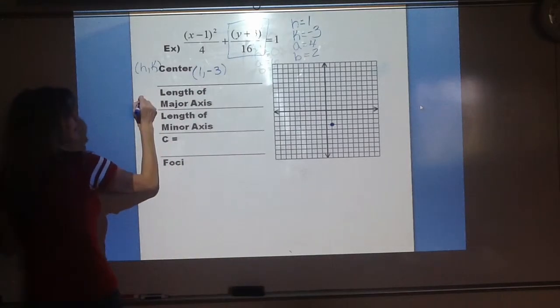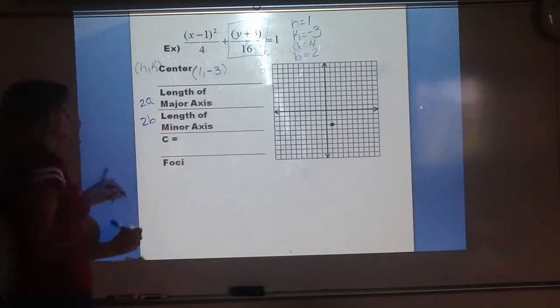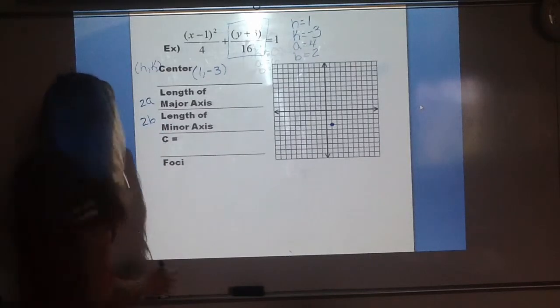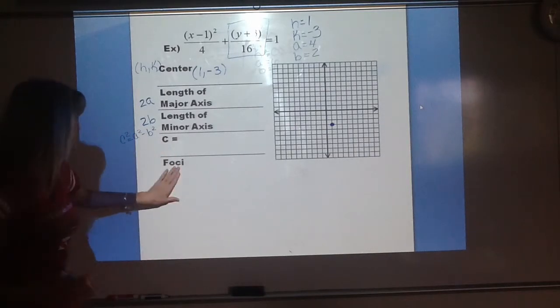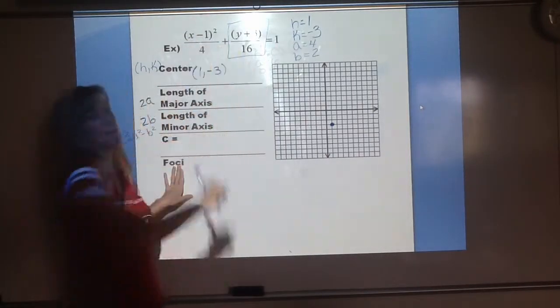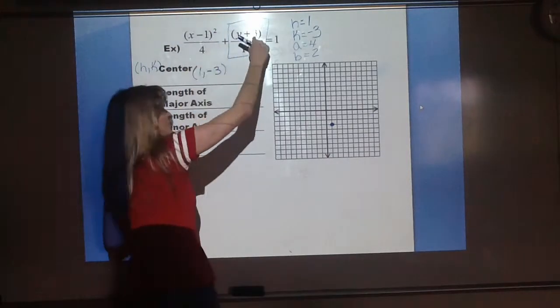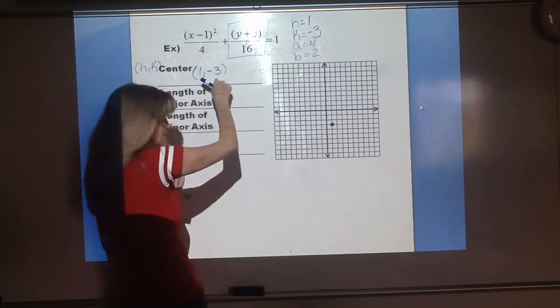I know my major axis length is 2A, and my minor axis length is 2B. To find C, I'm going to do C squared equals A squared minus B squared. And my foci goes where my major axis is. It's affecting K, so it's affecting this negative 3.